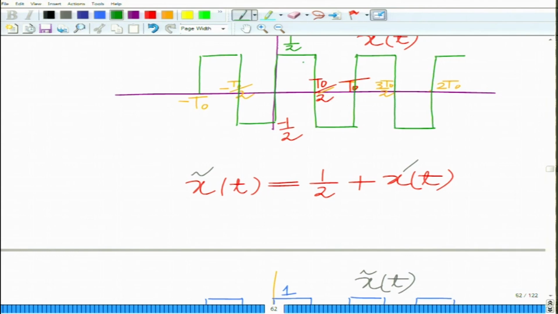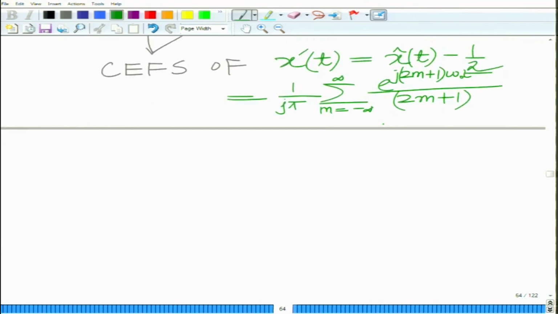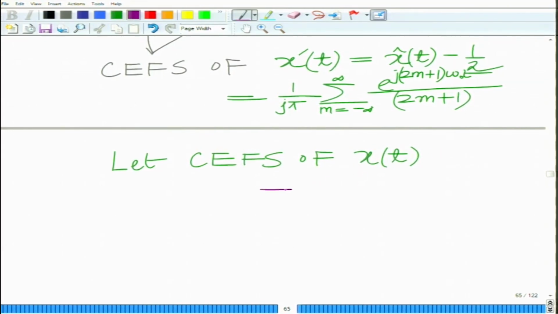Let us say the complex exponential Fourier series of x t, which is the original triangular wave, is denoted by summation k equals minus infinity to infinity of C k e raised to j k omega naught t.